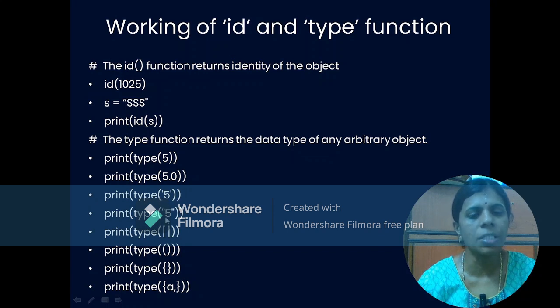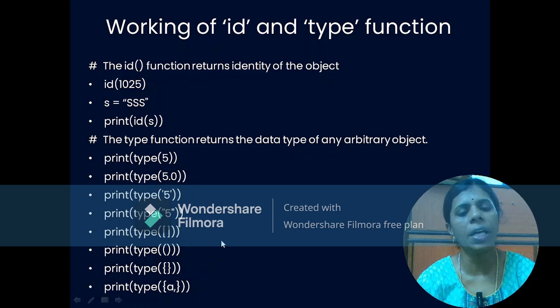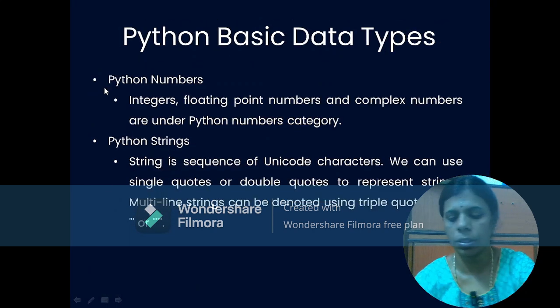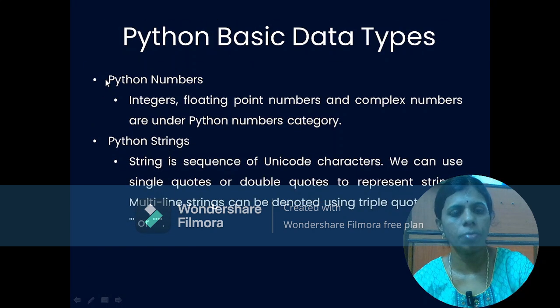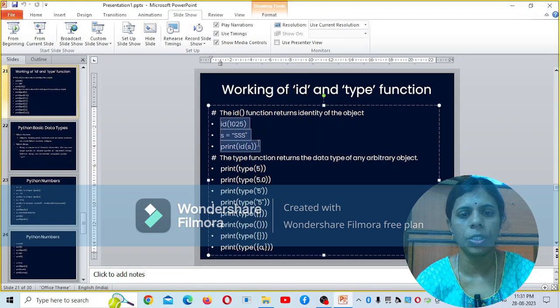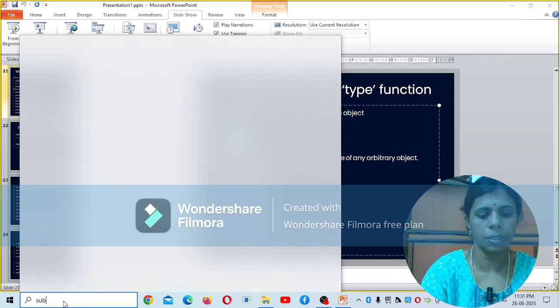Next are character, string, list, tuple, and dictionary. So what is the data type of the value returned by using the type function? I will execute it in Sublime Text, and we will see what the result is. So this is the first function. Go to Sublime Text.